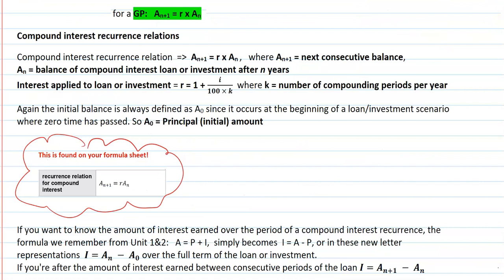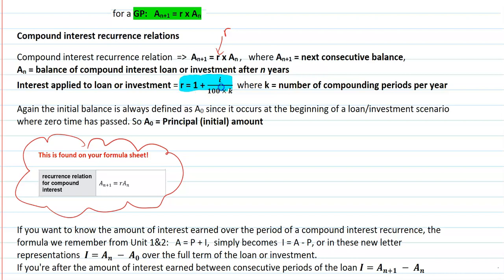Alright, so let's move on to a compound interest recurrence relation. So remembering that we're just applying your geometric sequence, and they're essentially the same thing. So you'll notice to get our next balance, we simply multiply our current or previous balance by this common ratio, and that's going to be the rate of interest that gets applied to your loan and investment.